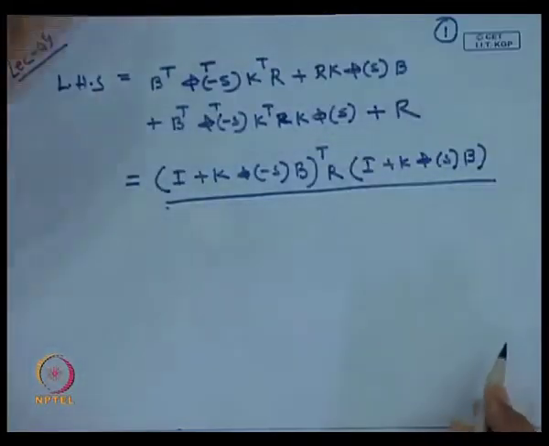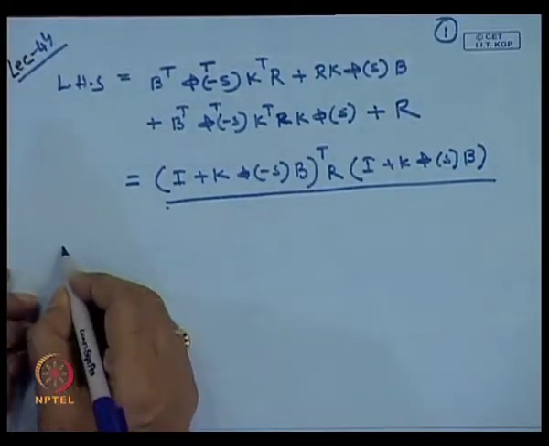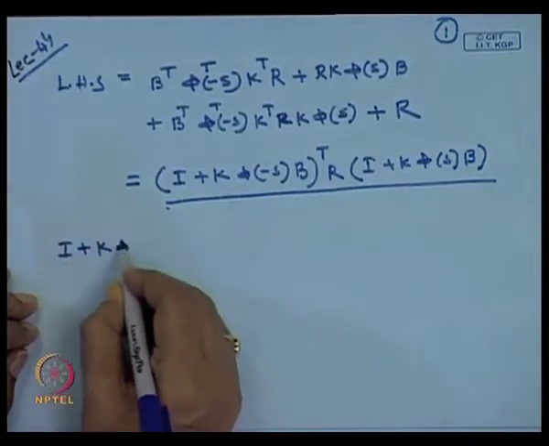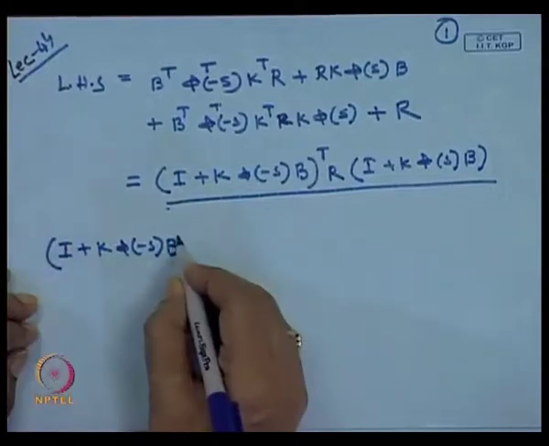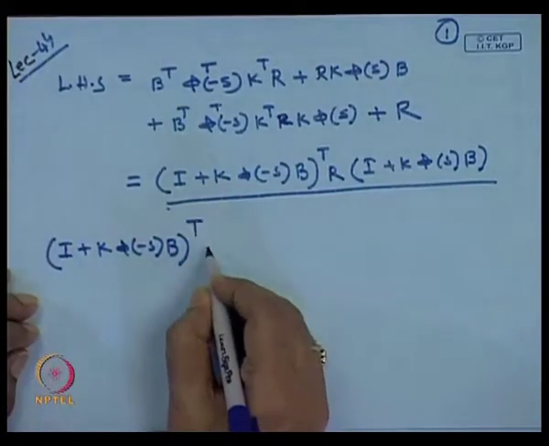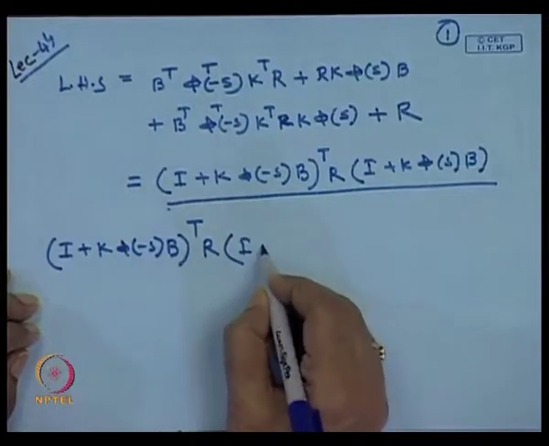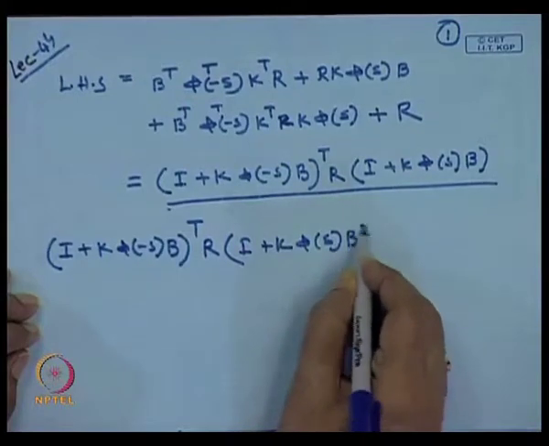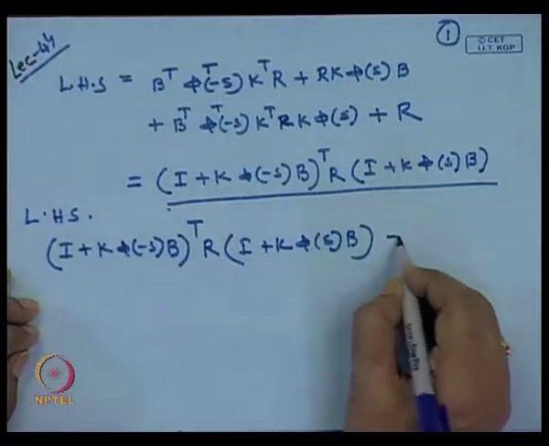Agree? So, now see this one. From this equation I can write the left hand side as I plus K phi S B whole transpose R, plus I plus K phi S B. This is the left hand side, equal to the right hand side.